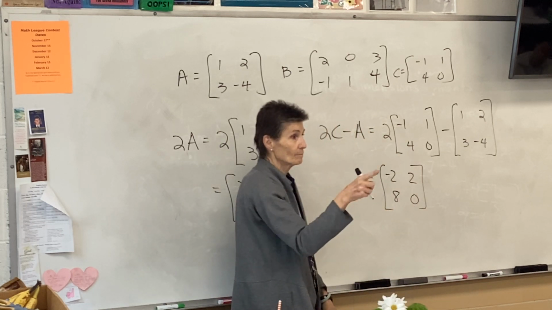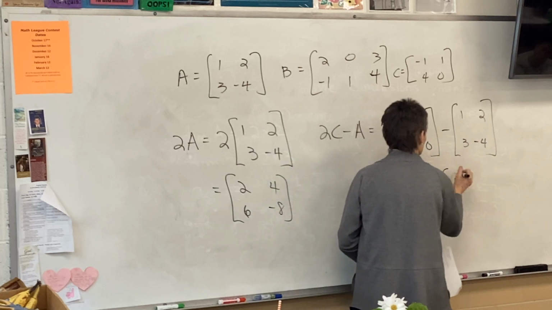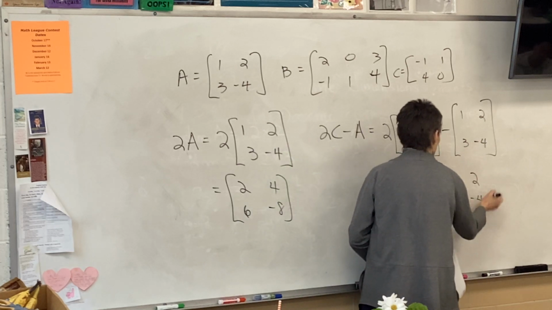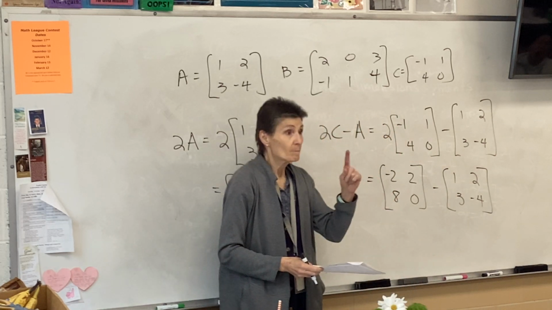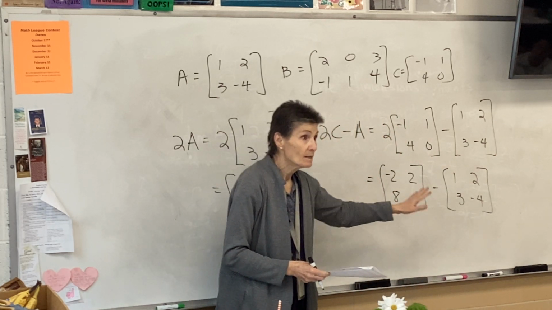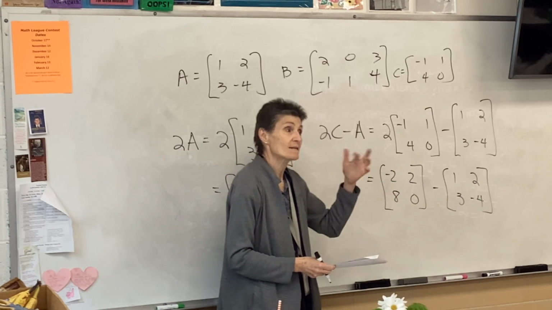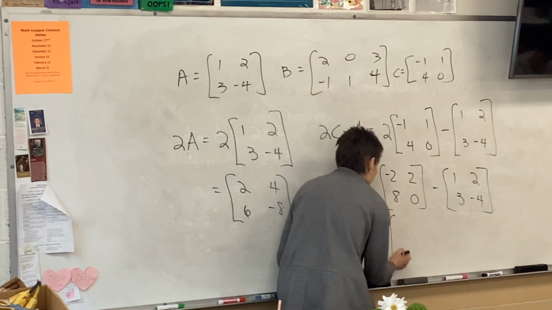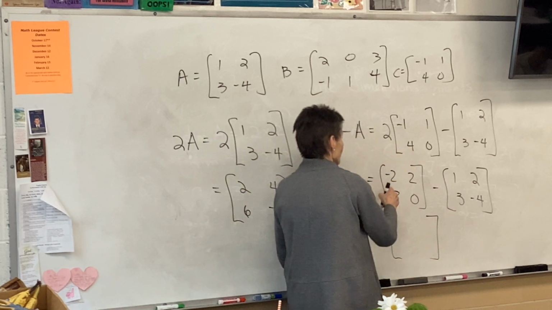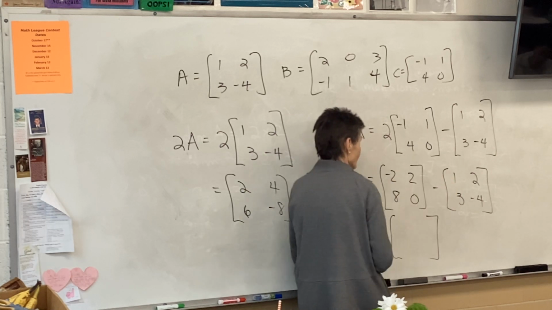Everybody okay? Now I'm going to subtract this one. Now, first of all, can I do that? Yep, because they are the same size. Addition and subtraction have the same rules, got to be the same size. So that's subtractable. Here we go. Negative 2 minus 1.